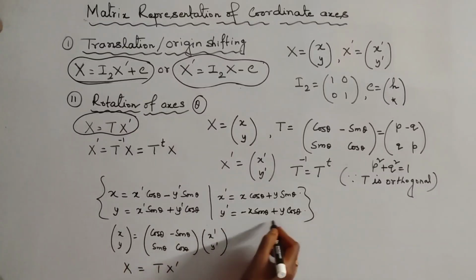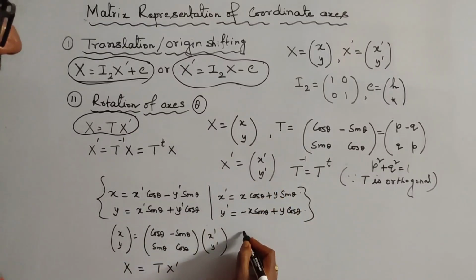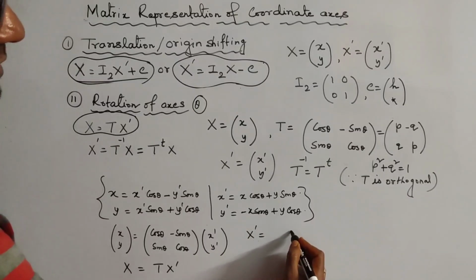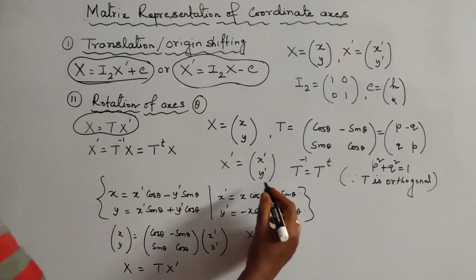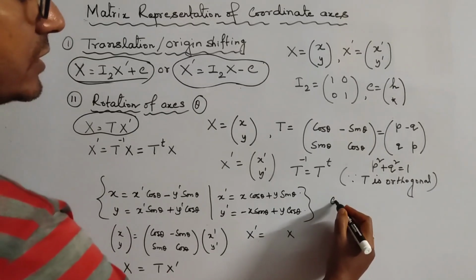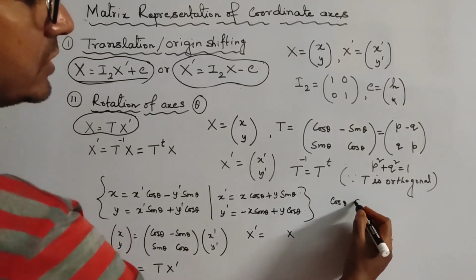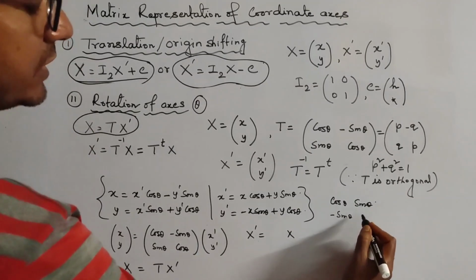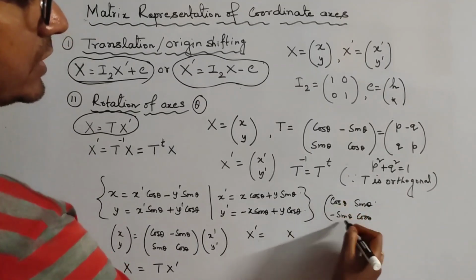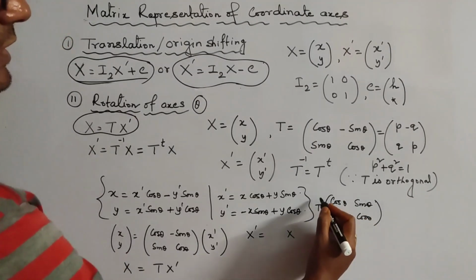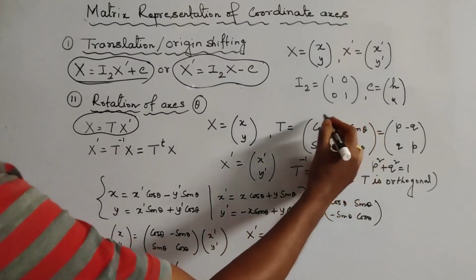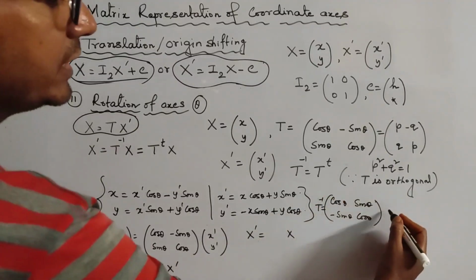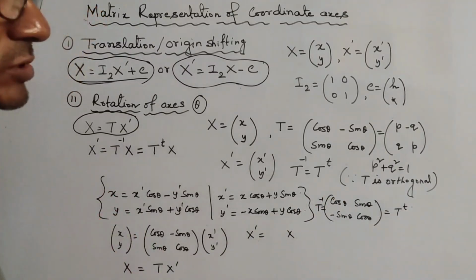Similarly, we write x dash y dash equal to the matrix cos theta, sin theta, minus sin theta, cos theta, times x y. If T is this, then this is T inverse or T transpose.